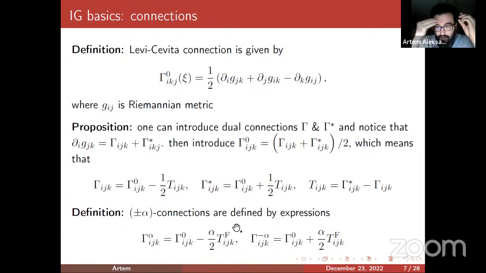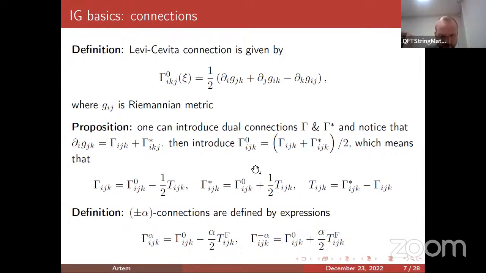And the existence of alpha connections is a crucial property of statistical manifolds, because in usual Riemannian geometry, as I understand, we are not interested in such connections, and alpha connections appear only for statistical manifolds. So it is a feature of probabilities, or a feature of manifolds formed by probability measures.